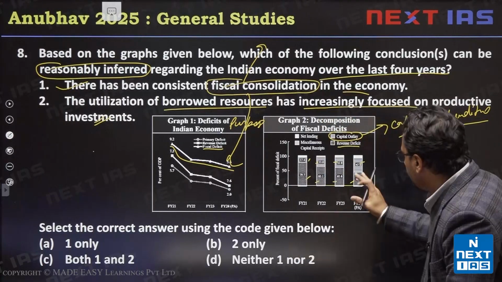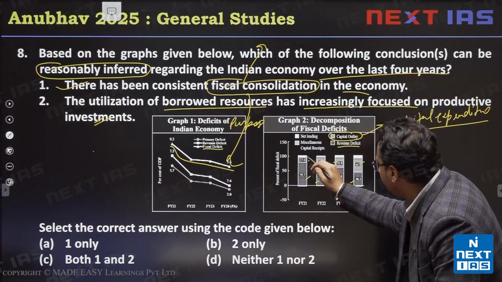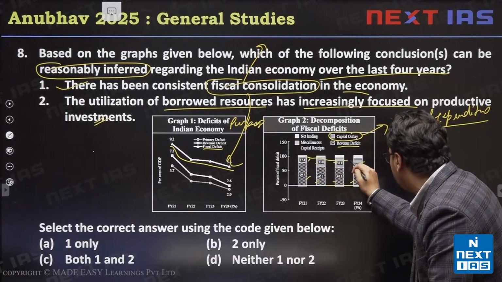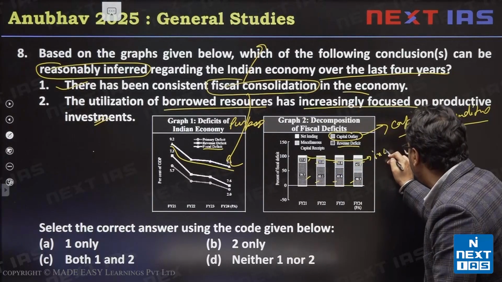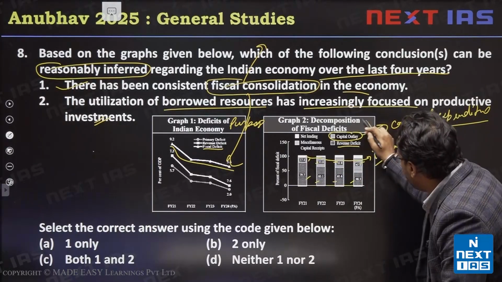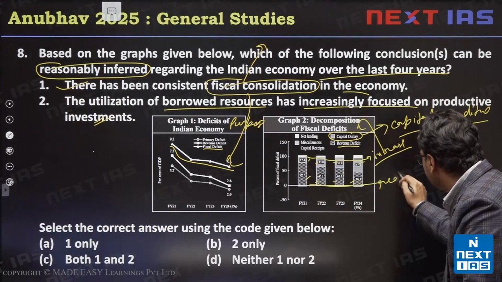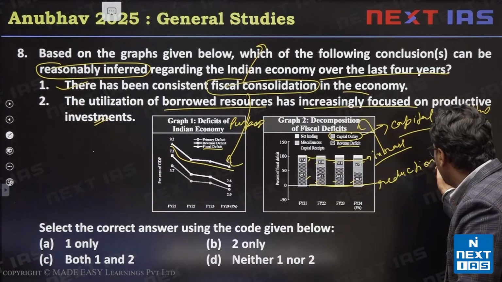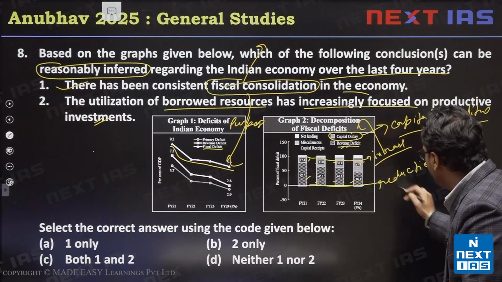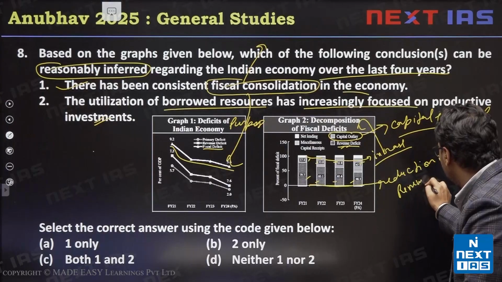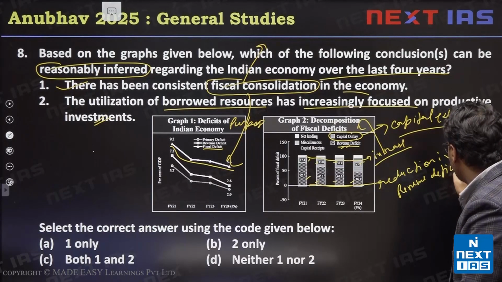Got it? So if we move ahead, we can say that there has been a significant increase in capital outlay and a consistent reduction in revenue deficit, right?